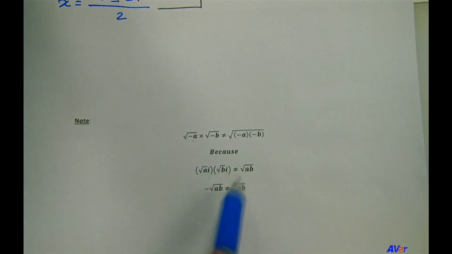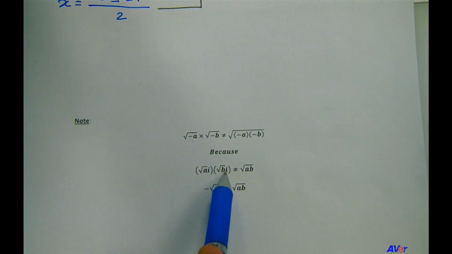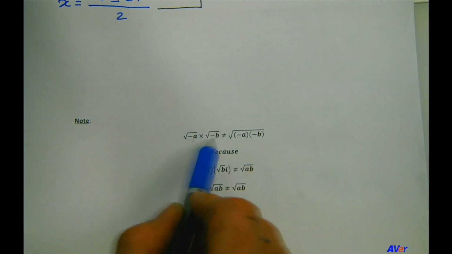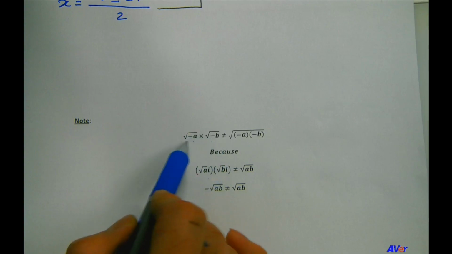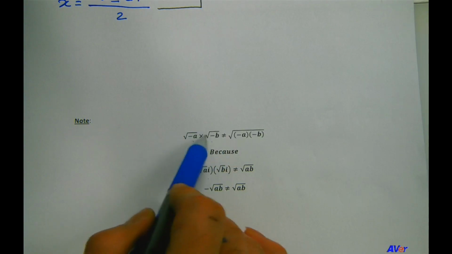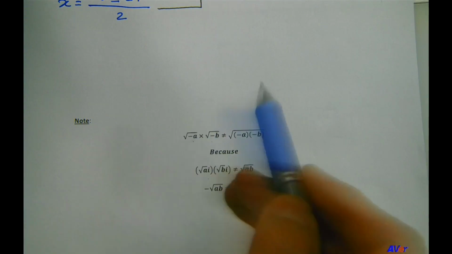On the left, you have i's from the complex number. So square root of i times i is negative 1. Negative 1 times square root of AB. So the result on the left and the right are different. So just remember, when you have complex numbers separately, you cannot, in a radical expression, multiply the negatives under different radical expressions and say, I have a positive number.